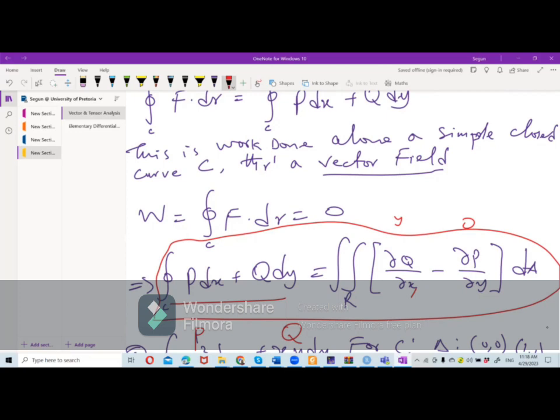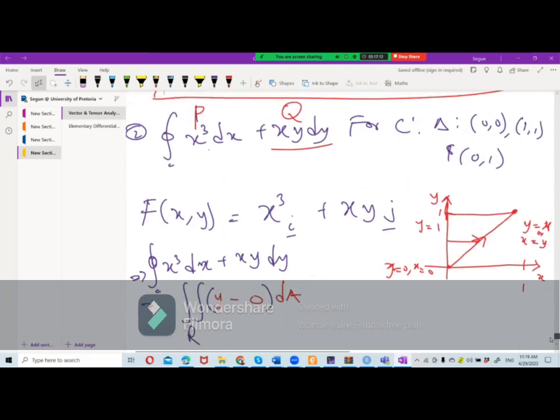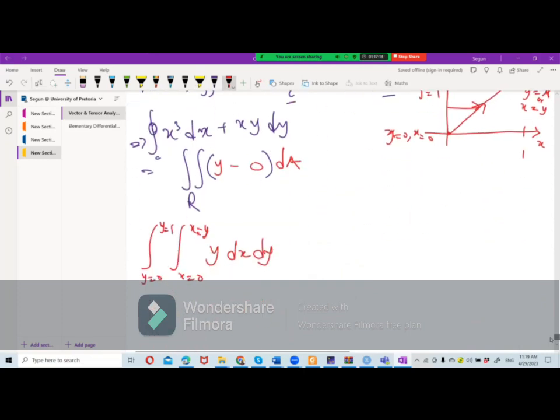Once you resolve the Q, the P, substitute them into your integral the way it is. And you know your dA is your dx dy. We are talking about the area now. So you can see the one I partially differentiated, I have y minus 0.